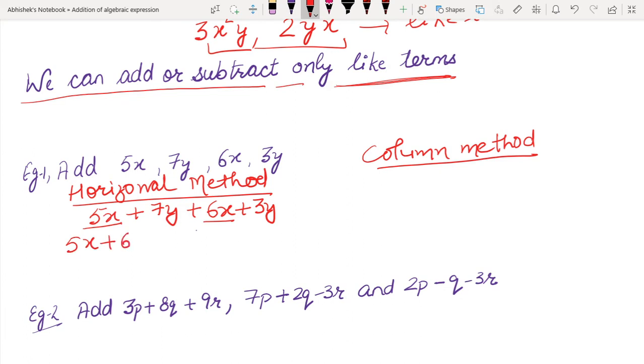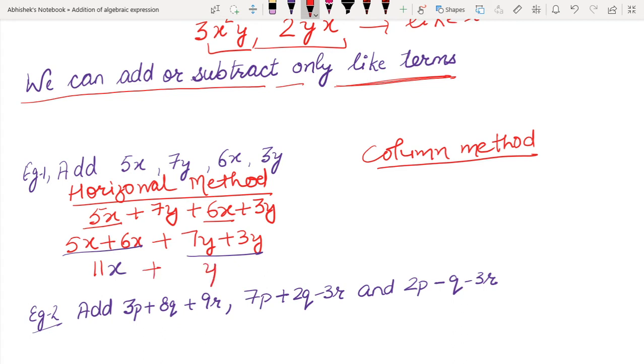5x plus 6x, these two are like terms. 7y plus 3y, these two are like terms. We can then add the coefficients of like terms and the variable remains as it is. The coefficient is 5, x remains as it is, 5 plus 6 is 11.